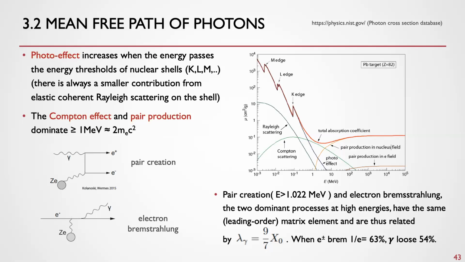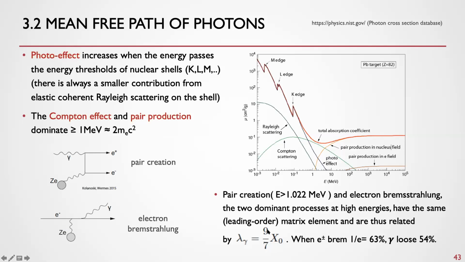That allows you to calculate the mean free path of a photon in terms of the electron X0 in the same material. The photon mean free path is a little bit larger than the electron.